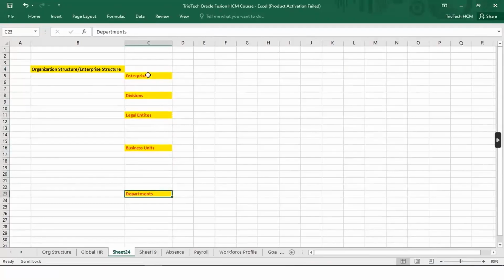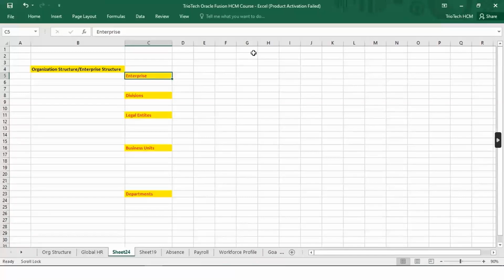Now coming to the enterprise, team, the client is, as we said, Tata. We are going to implement the product for Tata Group. Now what is an enterprise in the Fusion application? Enterprise you can consider as a top level assumed entity in your client's organization. What is an enterprise?